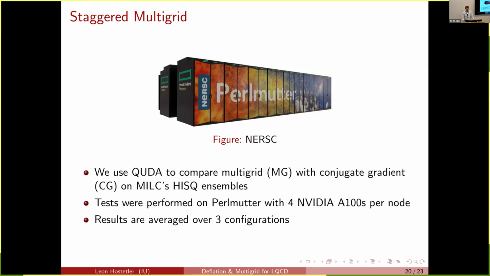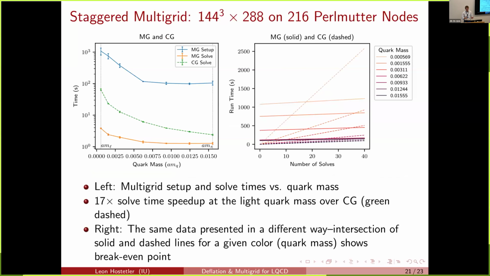We used the QUDA software library, QUDA with a Q, to compare multigrid with conjugate gradient on MILC's ensembles. The results are averaged over 3 gauge configurations, three different lattice configurations. Same kind of plot as before on the left.